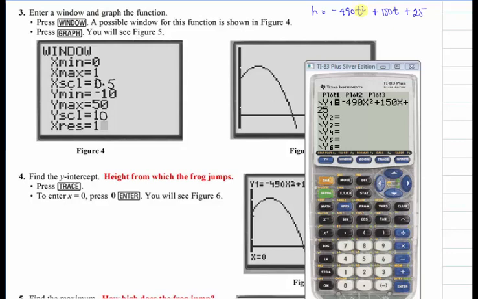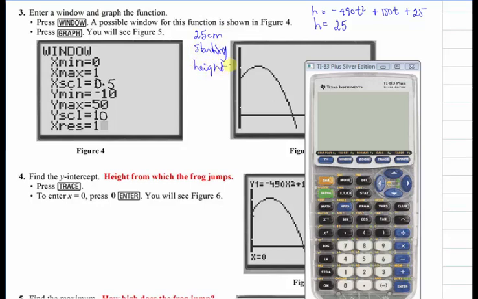So when I substitute in 0 for t, then I'm going to get 0 plus 0 plus 25. So I find that my height is 25. What this 25 means is that your frog has a starting height at 25 centimeters. Okay? And so what you need to think about is, how high do I think my frog is going to jump?